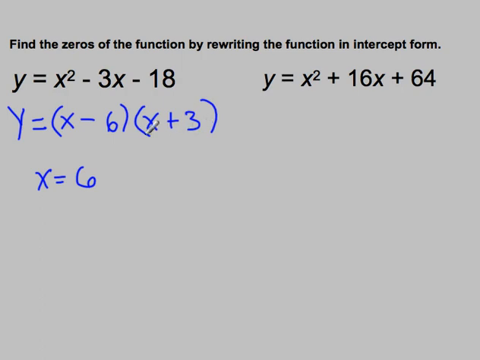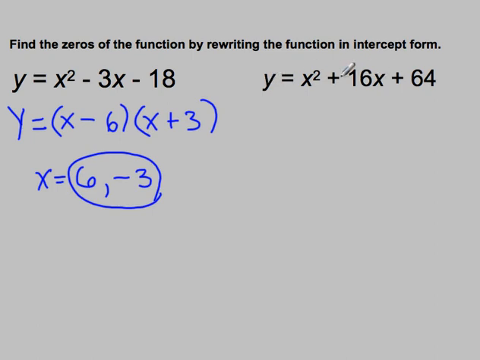If x plus 3 equals 0, then x would be negative 3. So my zeros are positive 6 and negative 3. Those would be the zeros. Those would be the x-intercepts of that graph. And notice this is intercept form.